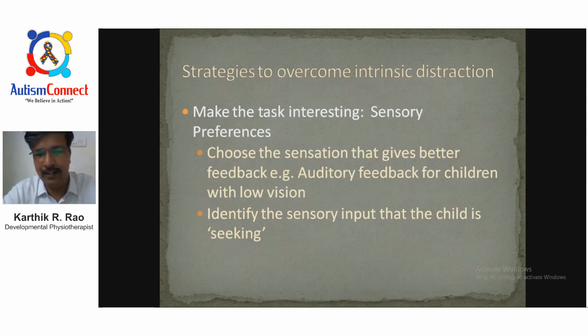In that sense, you will not have a starting trouble. The child will be ready willingly. He'll be ready to get on a task which he is seeking. So if the child is vestibular seeking, use activities on the swing, so the same puzzle board can be done while swinging. In that sense, the child will be able to concentrate much better.